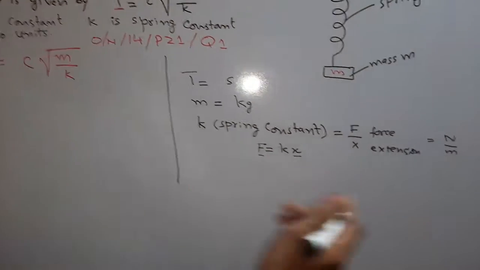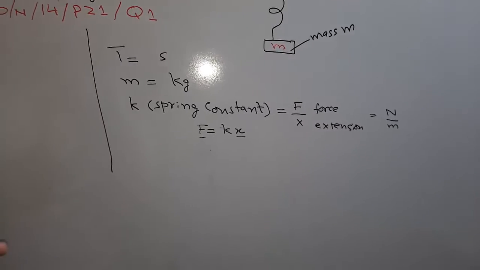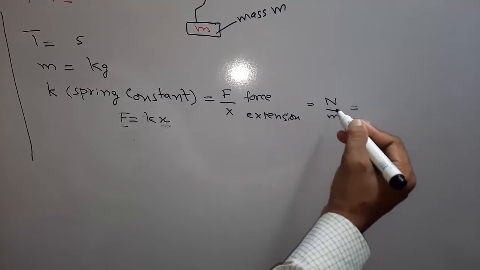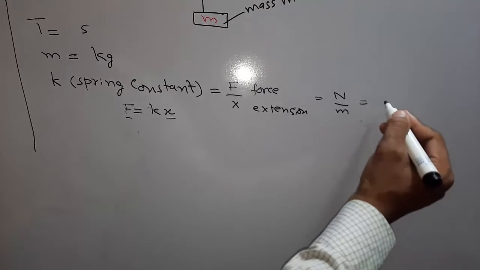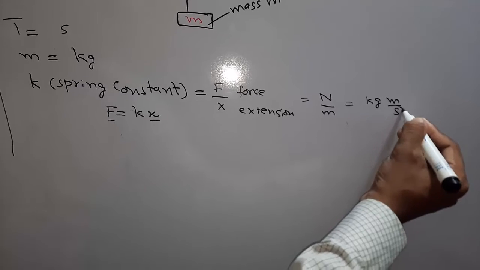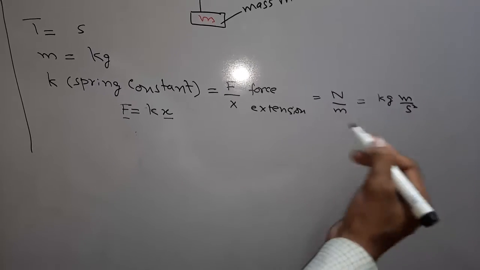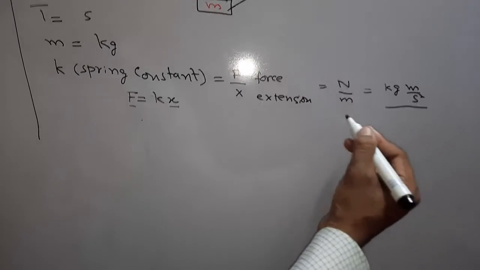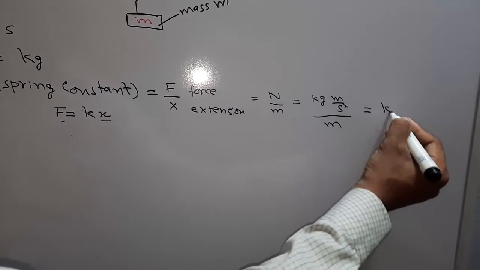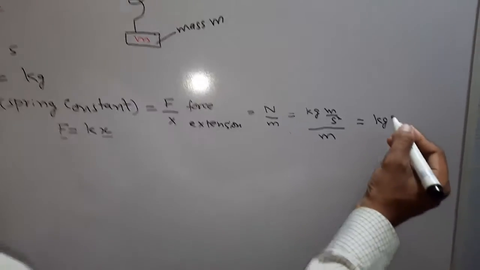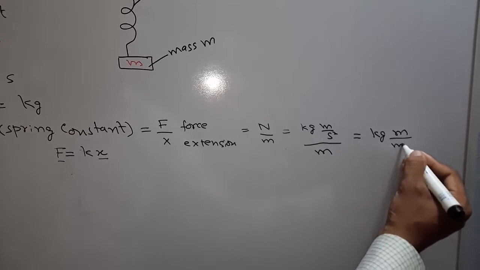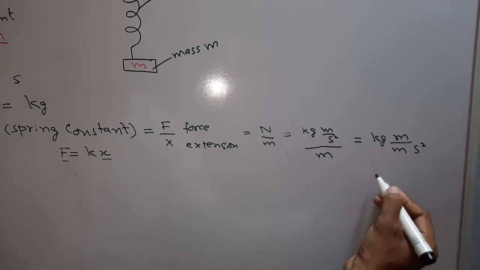Meter is already the base unit, so we have to represent Newton in SI base units. We can write it as kilogram meter over second square, as we have done in the previous case as well. So over meter we have, finally, kilogram meter over meter into second square.